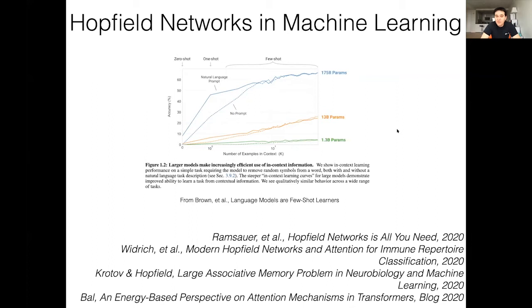We all know that the core computational element of these large language models is the attention mechanism. And thanks to the recent results on modern Hopfield networks, we also know that the attention mechanism is nothing but a one-step update of a modern Hopfield network, of a very special kind.